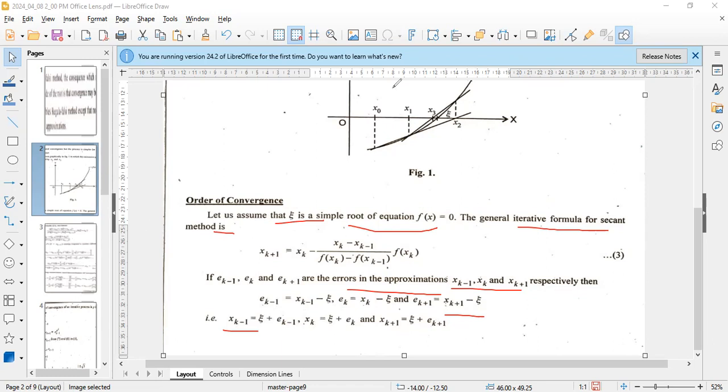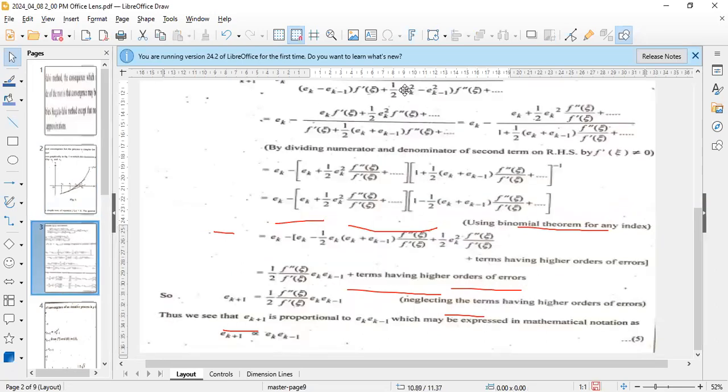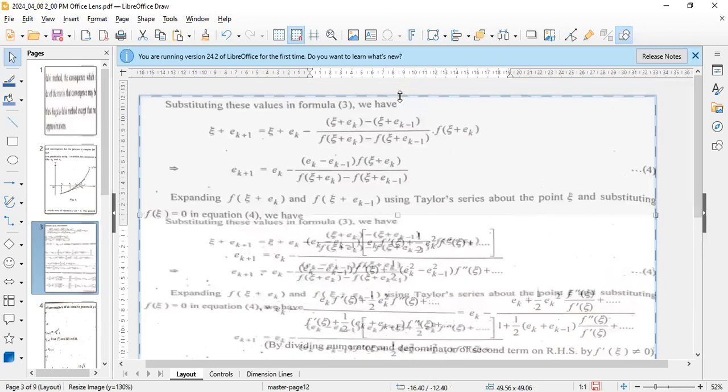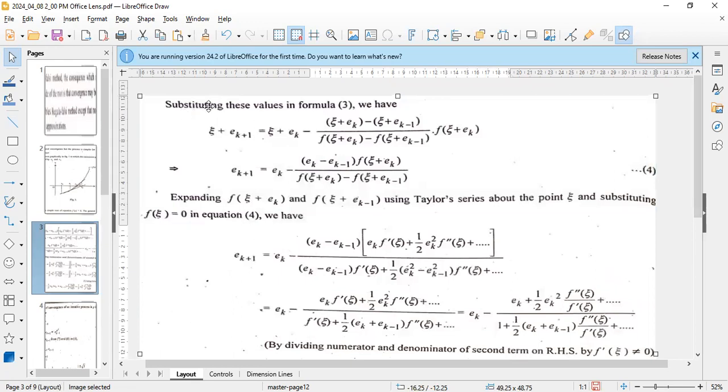Substituting these values in formula 3, after simplification we get this.